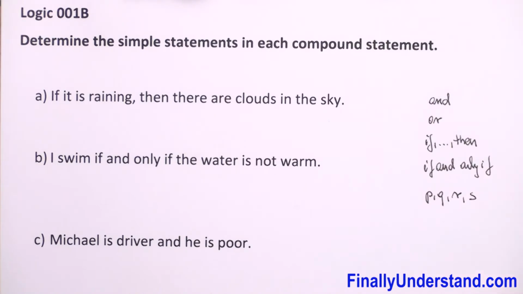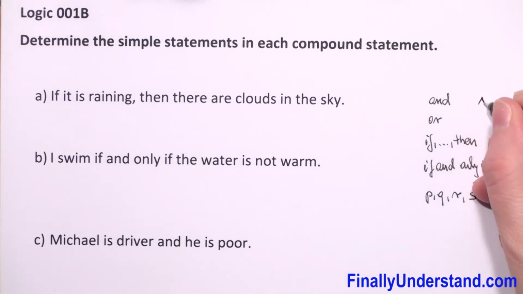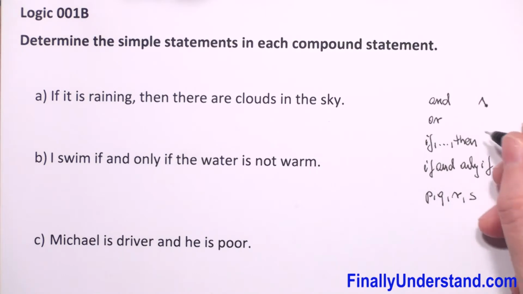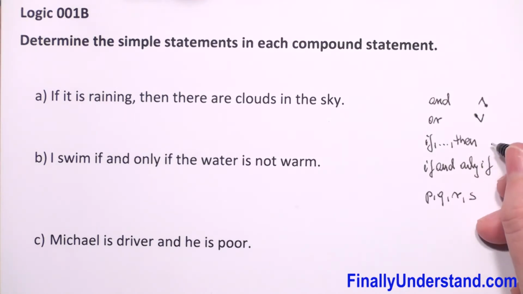S, and so on to represent simple statements, and we use a symbol for conjunction. This is the symbol for or, the operator for disjunction. For if something, then, we will use this symbol.